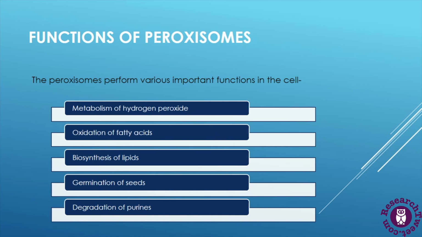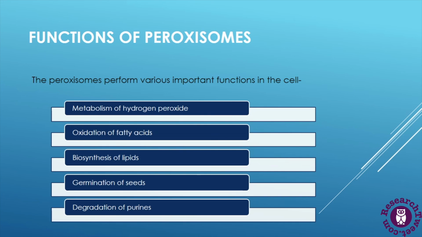Another function of peroxisomes is the oxidation of fatty acids, also called beta oxidation. The peroxisomal enzymes break down the fatty acids to acetyl coenzyme A, and this acetyl coenzyme A is further transmitted to the mitochondria, where it takes part in the citric acid cycle or Krebs cycle, which is part of cellular respiration.